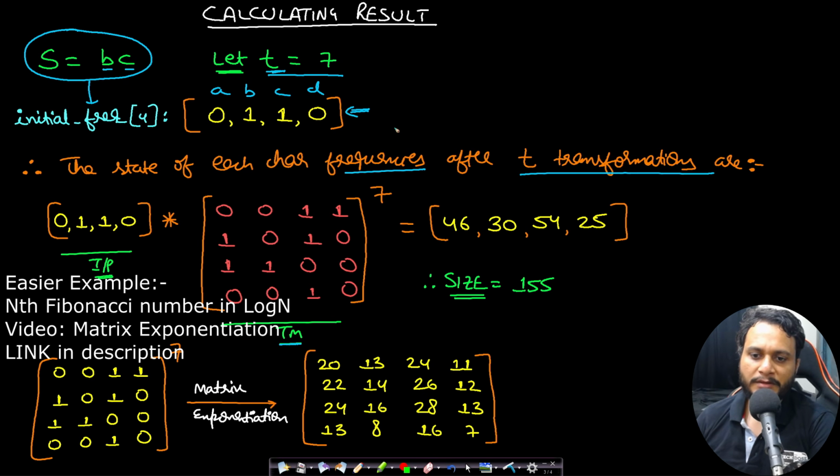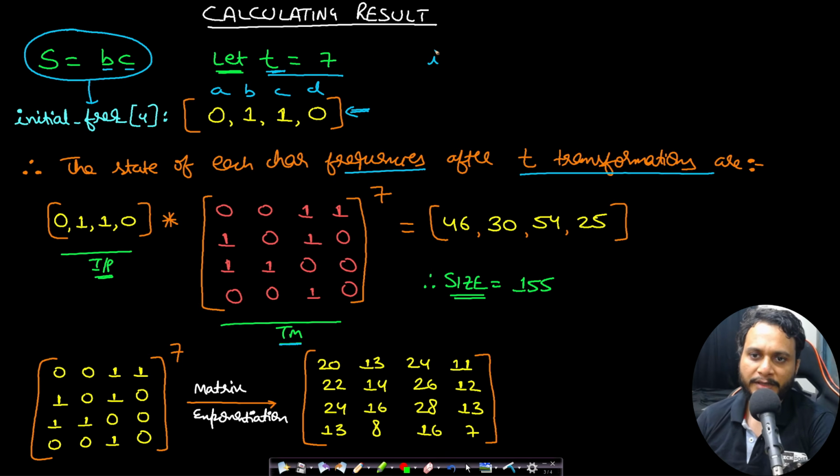If I needed to see the frequency of each character after just one transformation, then I will be taking the initial frequency array and multiplying it by the transformation matrix raised to the power of 1. Okay, and whatever matrix I get, which is the resultant matrix, will contain the frequency of each of the unique characters after doing the transformation, right?